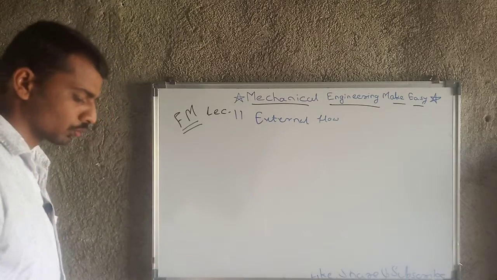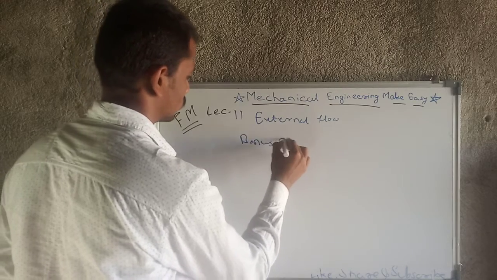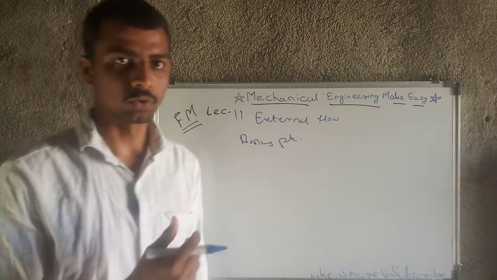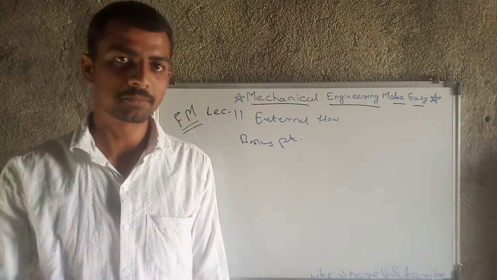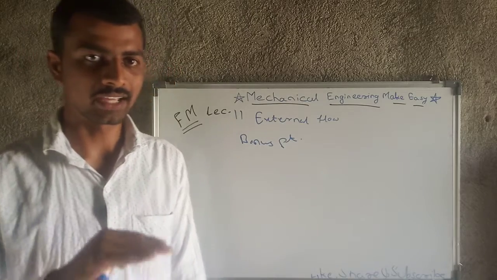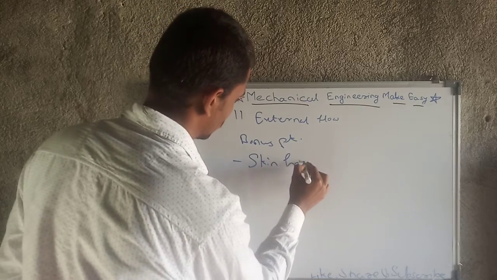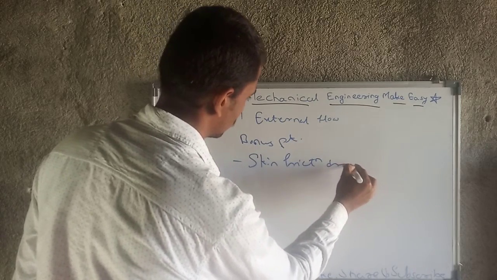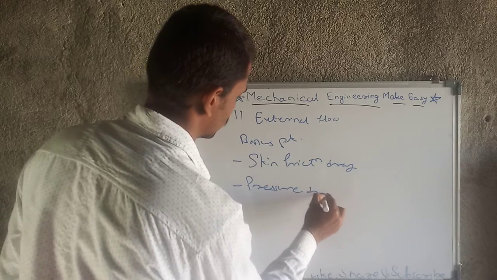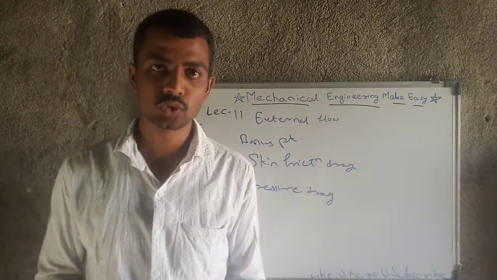So now we will move towards the bonus point. Okay, we have studied the drag force, and drag force has a number of types. There is skin friction drag, then pressure drag, then deformation drag, wave drag, induced drag.